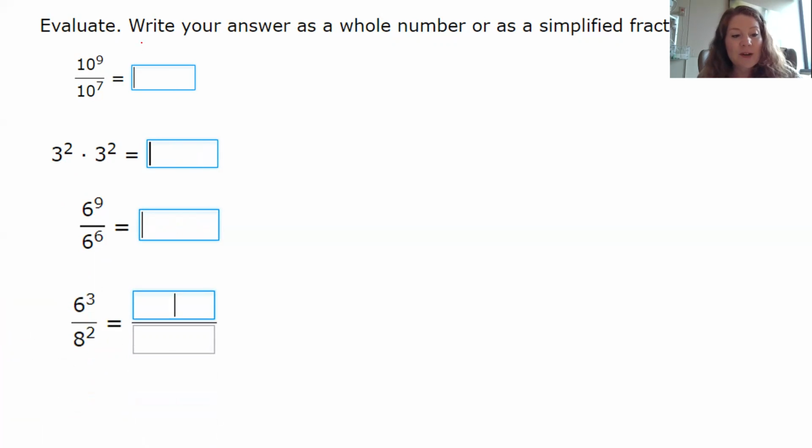All right, now these, notice please that the bases are not the same. So our exponent rules do not apply. We're not going to subtract 3 and 2 because the bases are not the same. So I'm going to use the N over D button on my calculator. I'm going to type in 6 caret 3 in the numerator. And then I'm going to use that big button to arrow down.